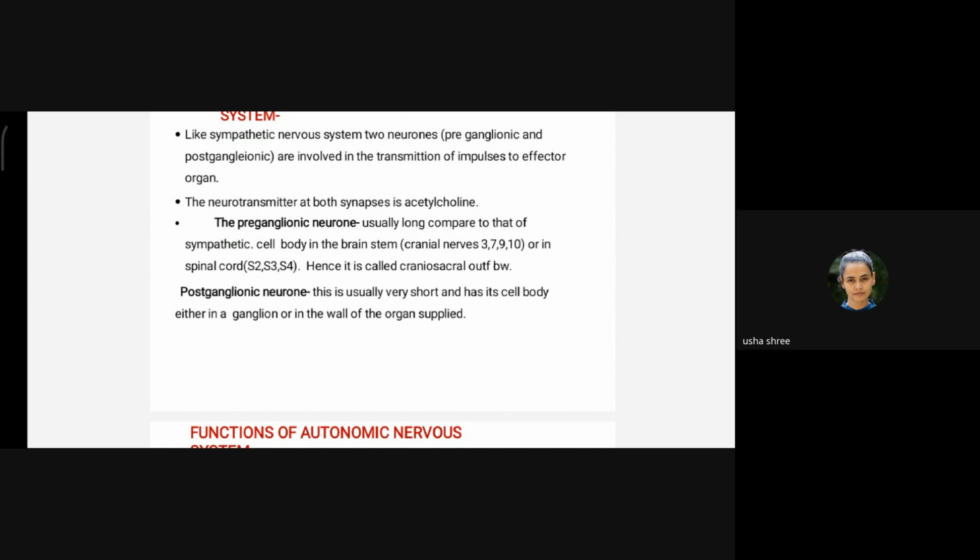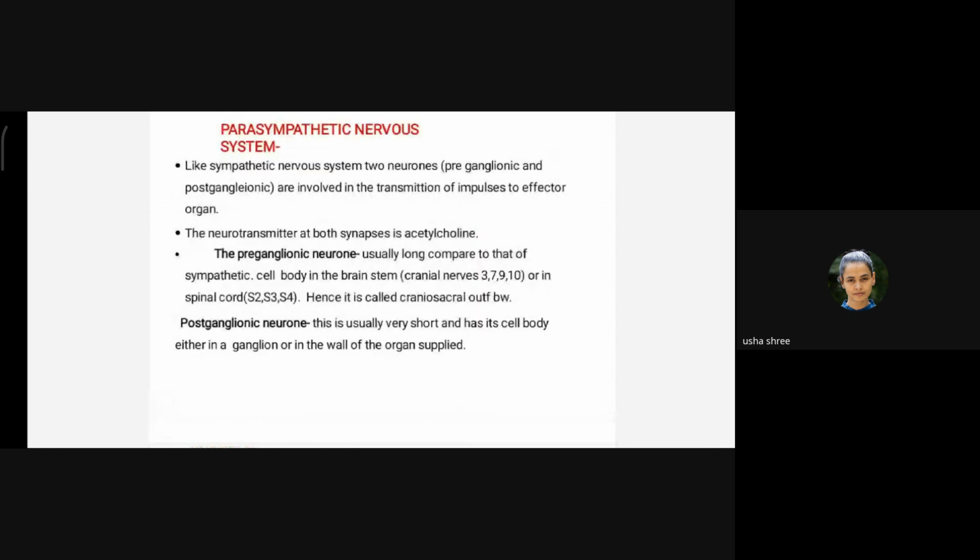Cell body in the brain stem, cranial nerves 3, 7, 9, 10, or in the spinal cord S2, S3 and S4. Means the cell body of the preganglionic neuron in the parasympathetic nervous system is in the brain stem, and those are cranial nerves 3, 7, 9, 10, or in the spinal cord, sacral 2, sacral 3 and sacral 4.